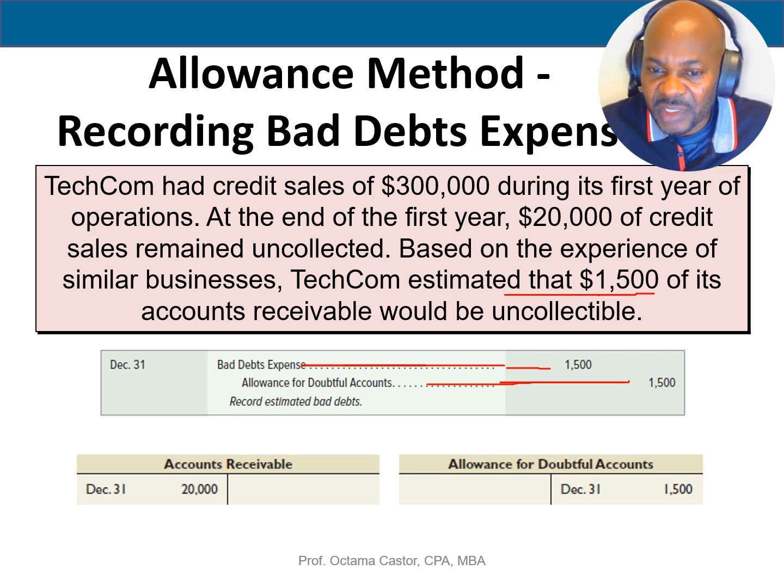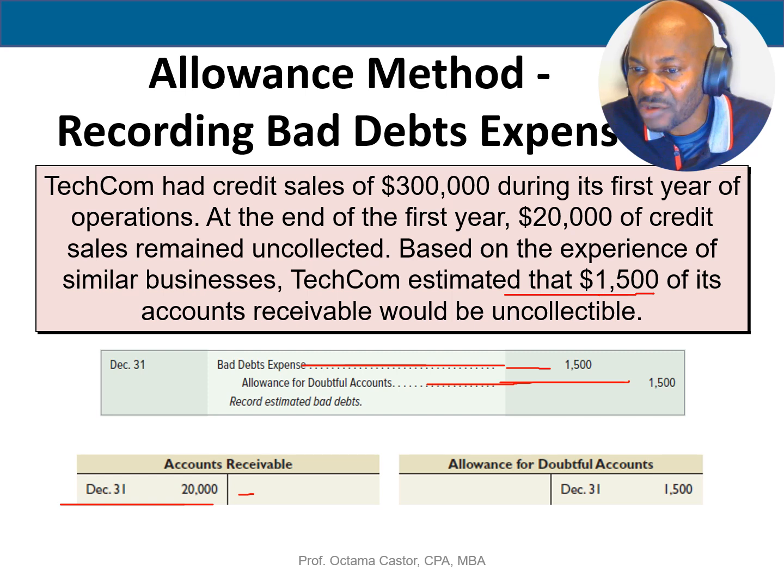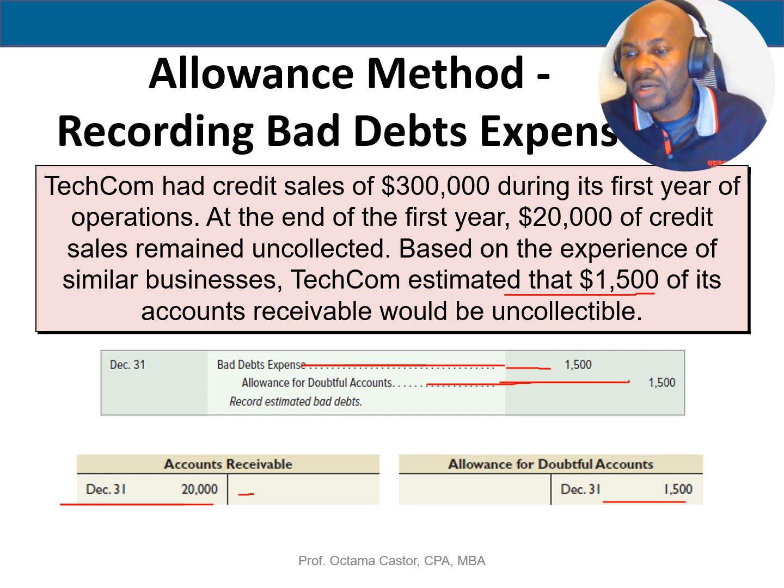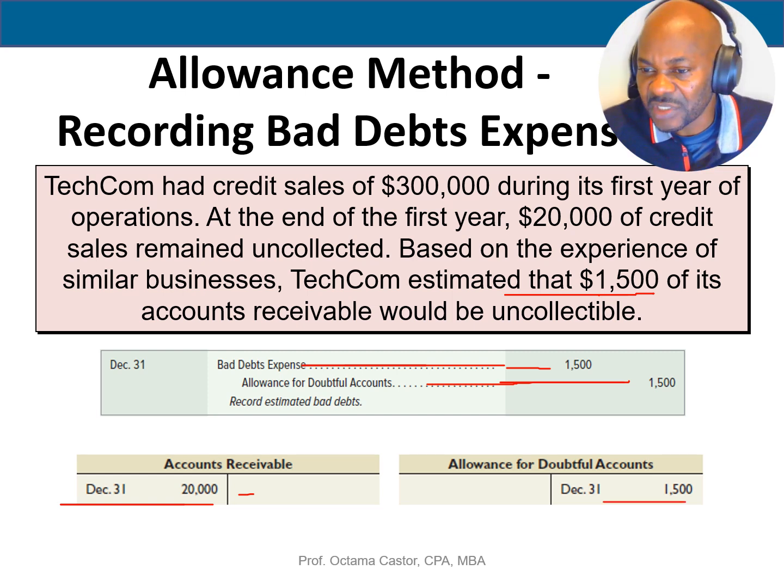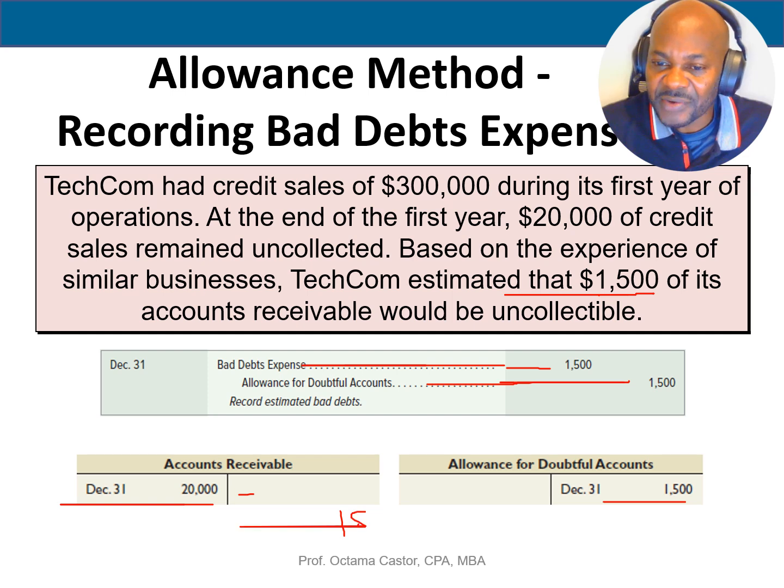So if you look at the general ledger, you have accounts receivable sitting with a $20,000 balance, and the allowance for doubtful accounts sitting with $1,500. What this is showing is the net value of that receivable is $18,500.